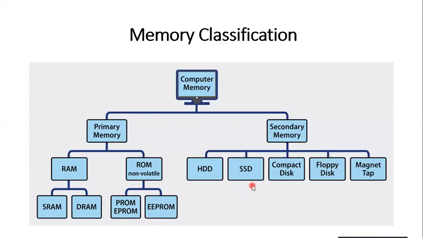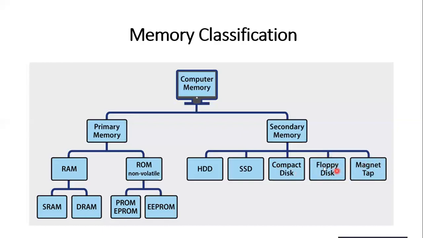And then, you know very well about secondary memory. The magnetic tape and the floppy disks are not available now. Previously, magnetic tape was used for storing data as a backup. So these are backup devices.